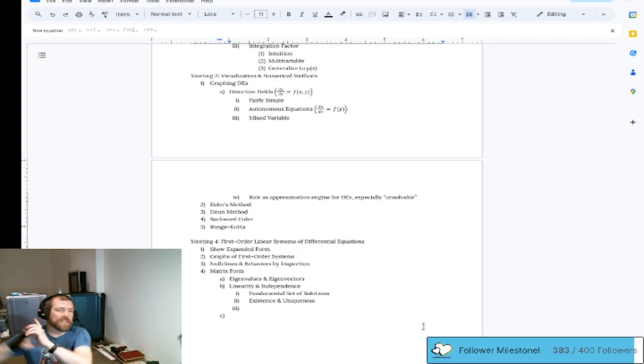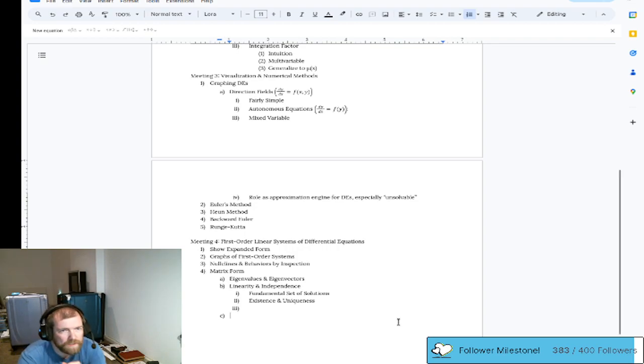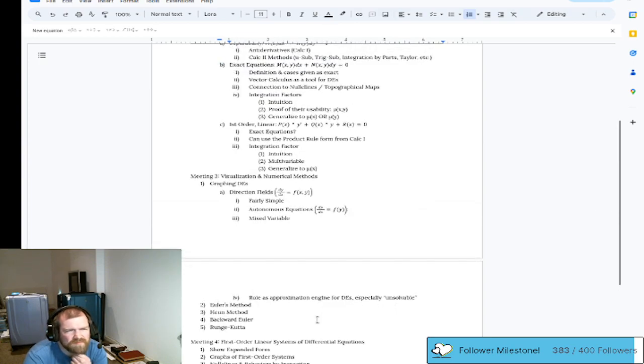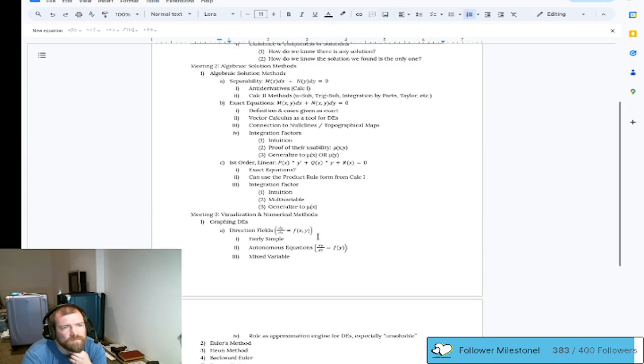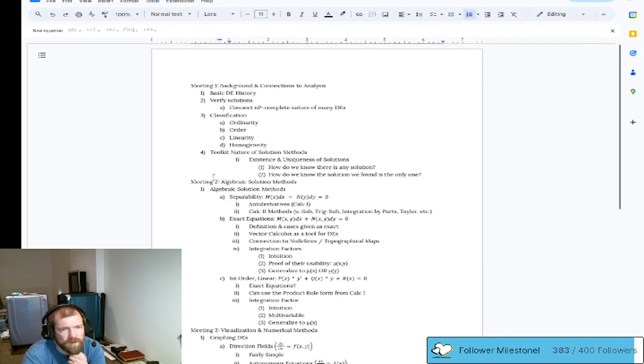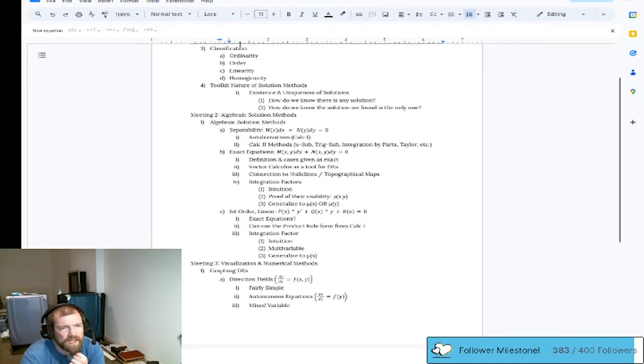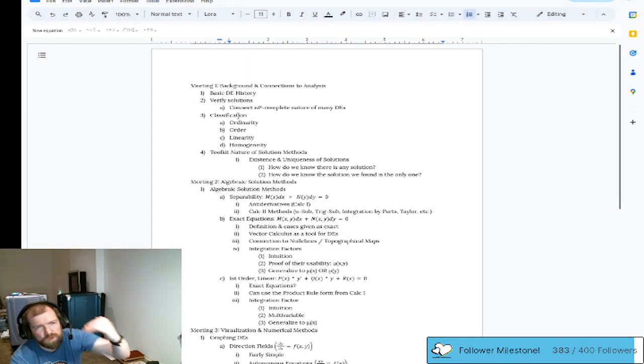Okay. So, here's where it starts getting fun. The standard ODE class that is taught out of the Boyce and DiPrima book or the Trench book typically will start with the background stuff, go through the algebraic solutions, and between 1 and 2 they'll do the visualization.